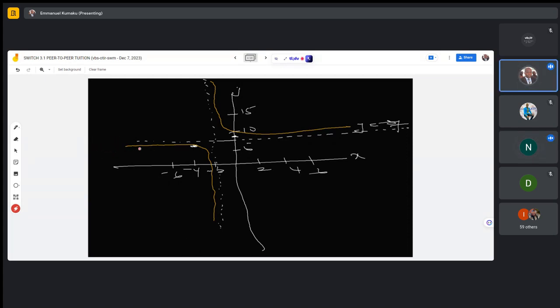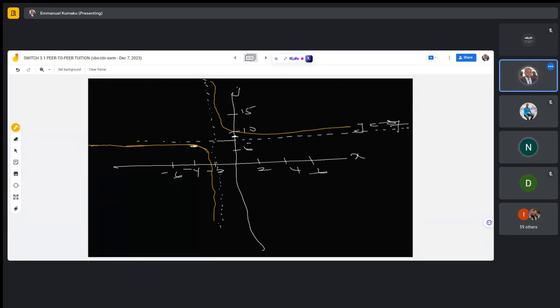The curve should not touch the asymptote. This one goes to infinity. So you draw it as long as your graph can, but you shouldn't touch it. As it is coming, it's getting closer to the line, but it shouldn't touch it.